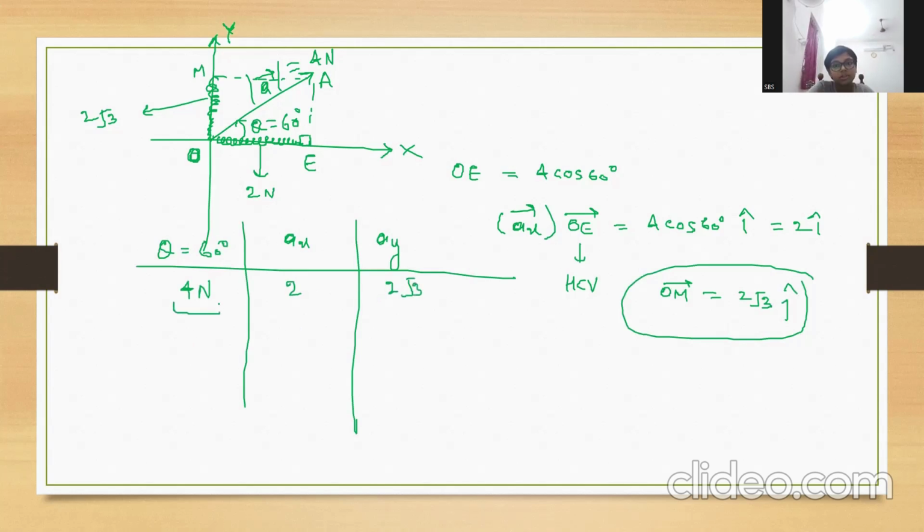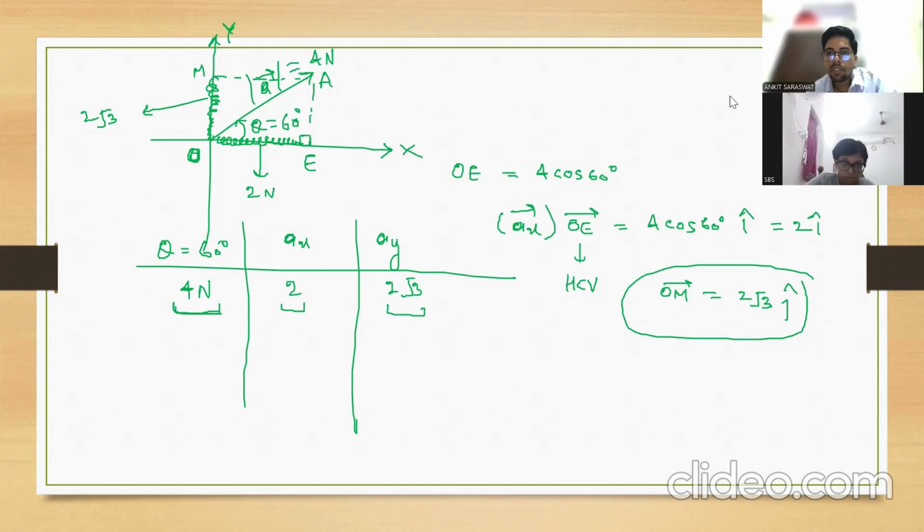See, this length is big, but the projection, that is the shadow on the x-axis, is less than the given vector. The shadow, that is Ax and Ay, the horizontal and vertical components, 2 and 2 root 3, is less than the given vector.